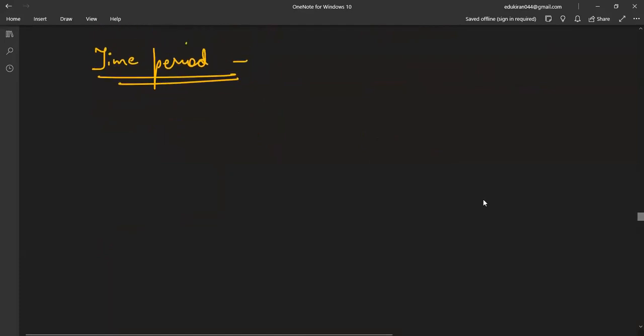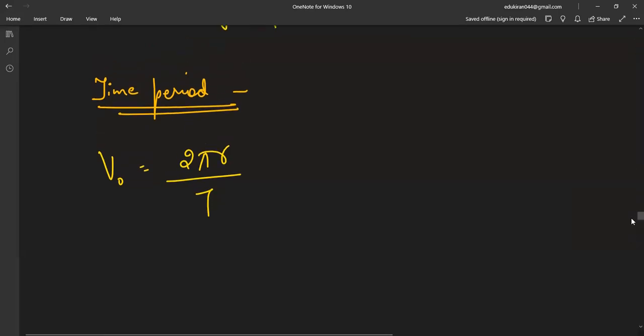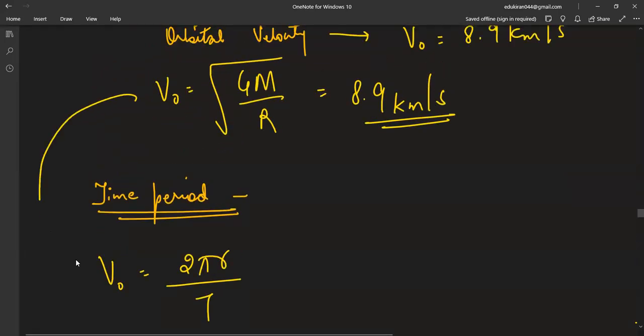Now, time period. In the homework questions also, there were questions based on time period. So let us calculate the time period's formula first. Velocity is displacement upon time, distance upon time. That's how we write the formula. Now, which velocity will you be putting? You will be putting this velocity, the orbital velocity.